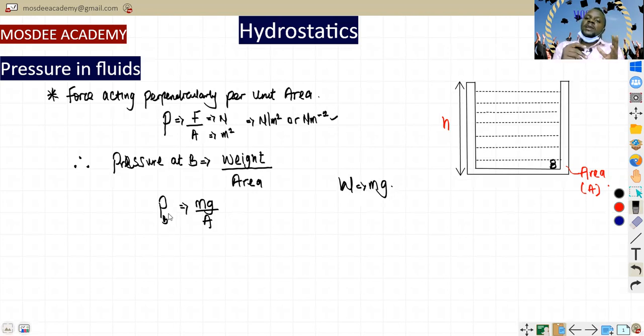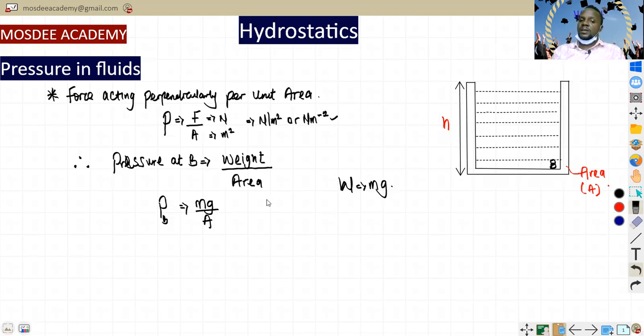But we can continue to break this down, in the sense that we also might have studied in early classes that the density of a substance is always equal to the mass of that liquid divided by the volume.